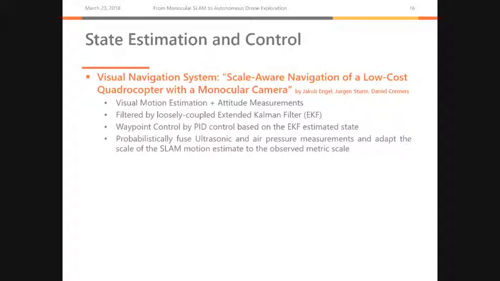For mapping we use a very broad term called SLAM, simultaneous localization and mapping. In these methods, usually they don't have any metric measurement of the environment. So in this case, they use ultrasonic and air pressure to get a metric measurement for the SLAM.